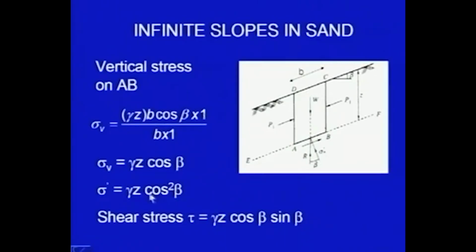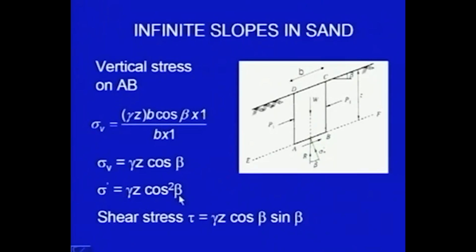So, here the normal component will be equal to gamma Z cos beta into cos beta. You can see here this line is inclined at an inclination beta. So, the normal to the rupture and the vertical will have beta angle in between them. So, the normal component will be sigma dash equal to gamma Z cos square beta.